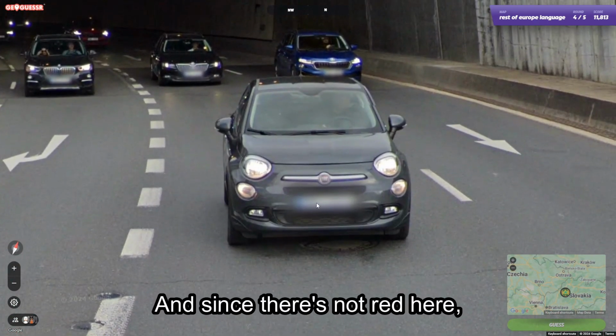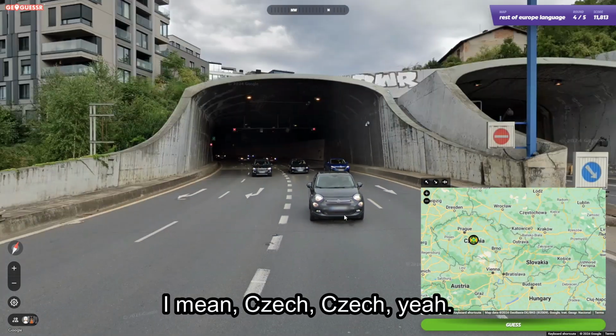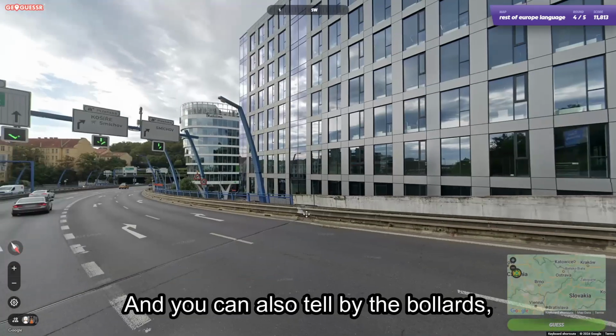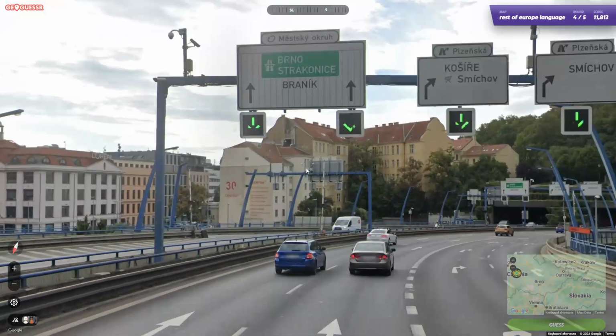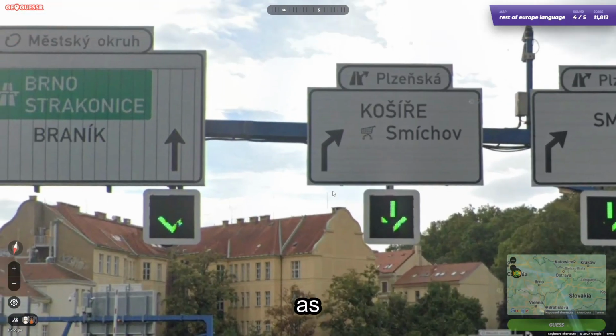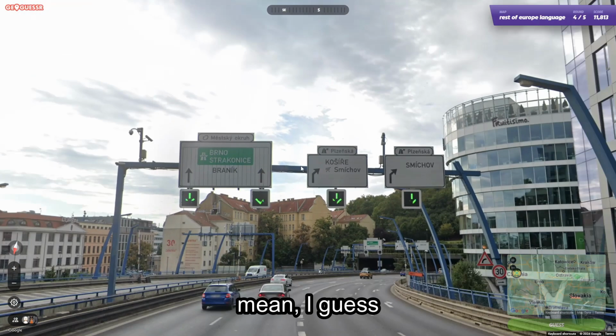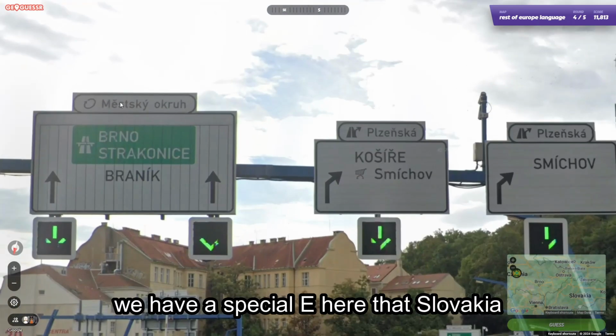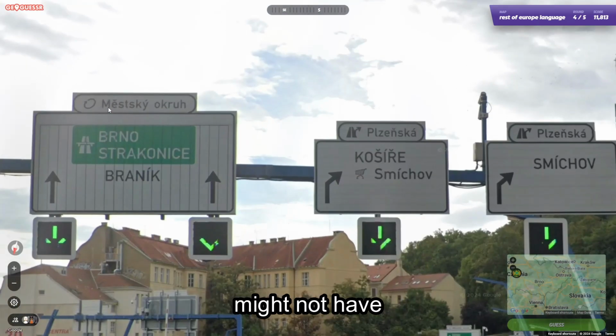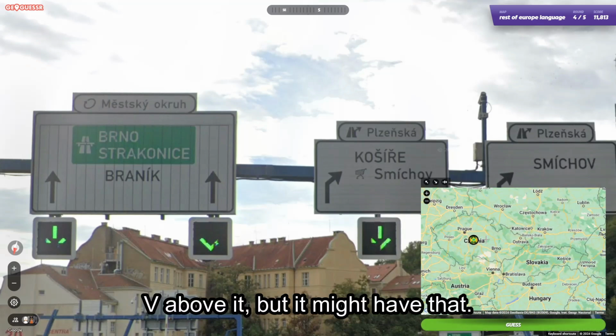And since there's not red here, we're gonna be in Czechia. And you can also tell by the bollards, but that's not as reliable. I mean, I guess we have a special E here that Slovakia might not have with the V above it, but it might have that.